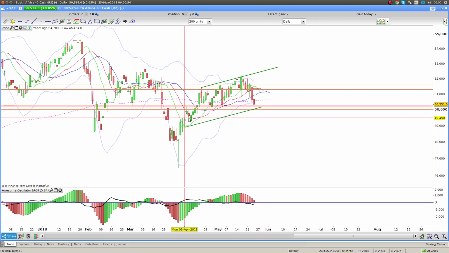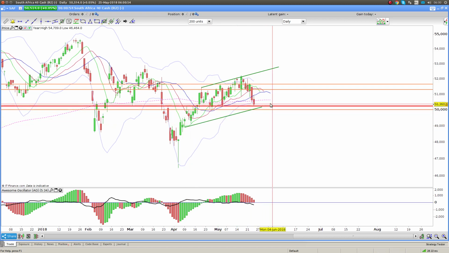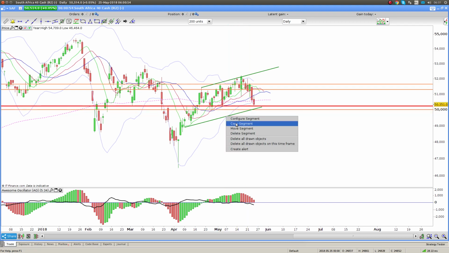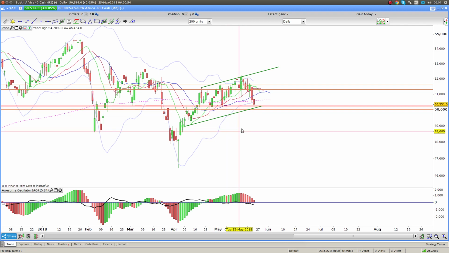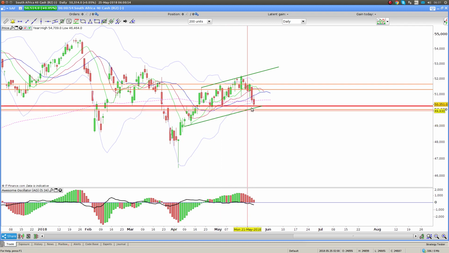But I can bring it down to this level here where I've got almost 2 touches on it, well, we can move it to get 2 touches. Okay, we're still short here, but we may get a 3rd touch. We may just hover here and touch it and then bounce to the upside.